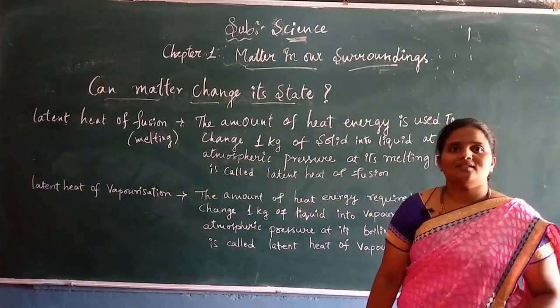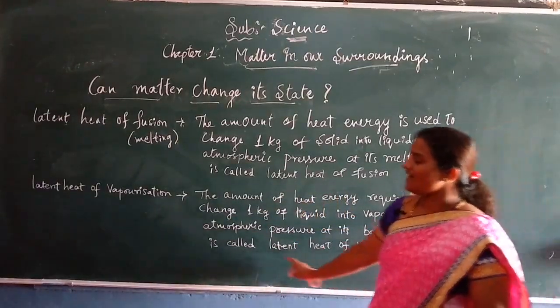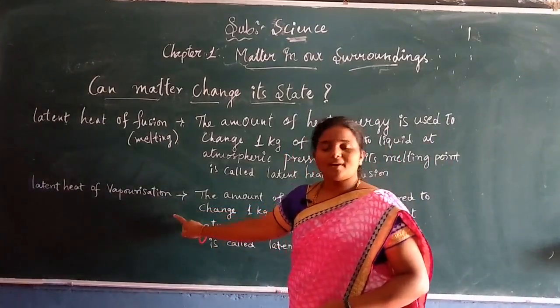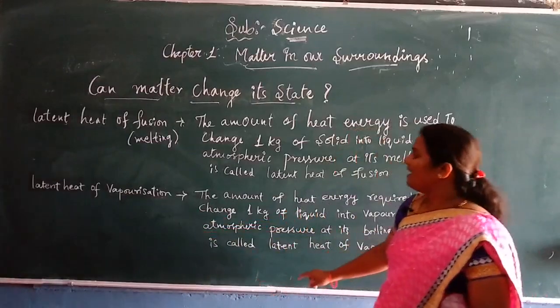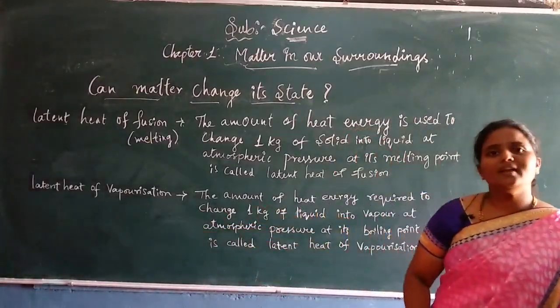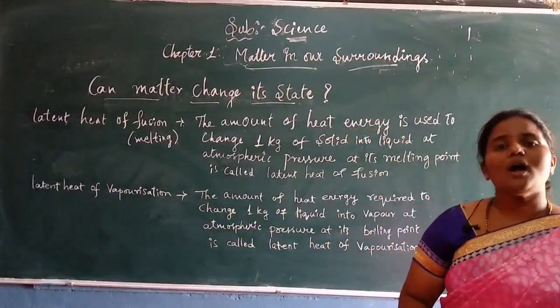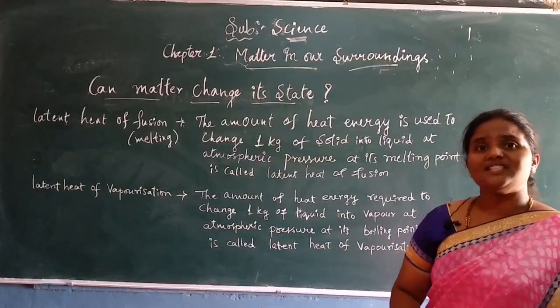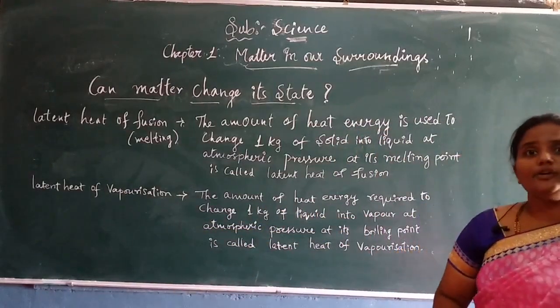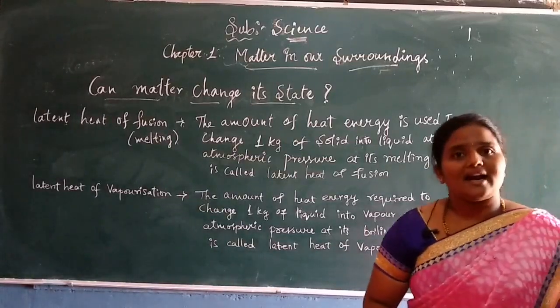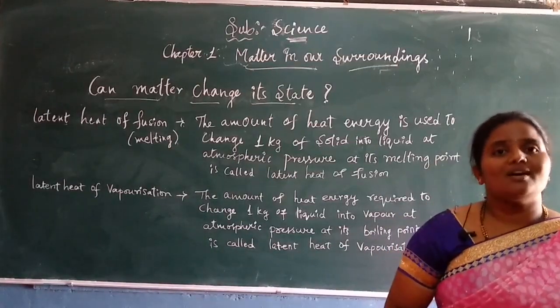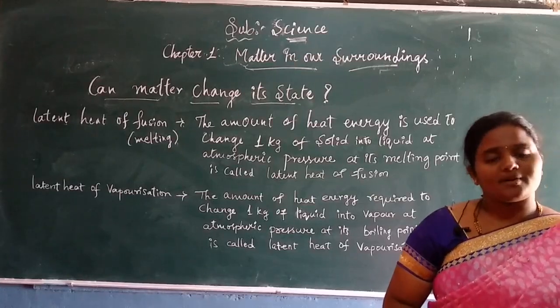Now we will define latent heat of vaporization. It is based on boiling point, children. That is, the amount of heat energy required to change 1 kg of liquid into vapor at atmospheric pressure at its boiling point is called latent heat of vaporization.